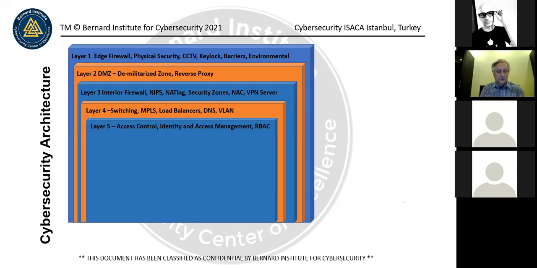Layer 5, we have access control, identity and access management. People can't get access to the network unless they have some kind of identity and access management authorization, some entitlements. This is also where we would create group profiles or use role-based access control to streamline how objects are created and managed within the organization, because we don't want private ownership of objects, and we don't want people having private entitlements such as super or root access.